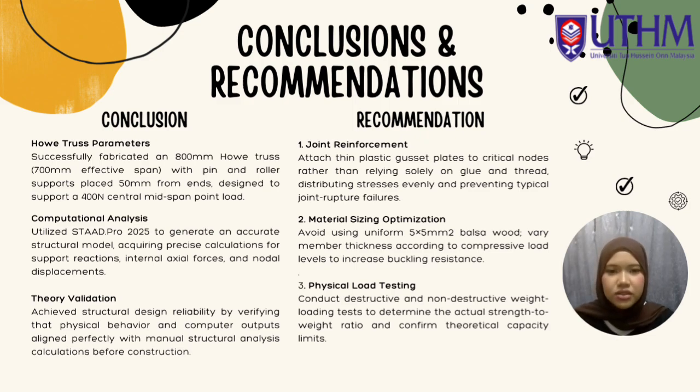Secondly, we also need to avoid using uniform 5x5 mm square balsa wood and vary member thickness according to compressive load levels to increase buckling resistance. The last one is that we need to conduct destructive and non-destructive weight loading tests to determine the actual strength to weight ratio and confirm theoretical capacity limits.